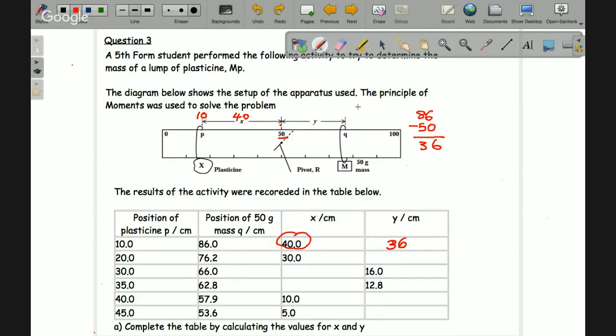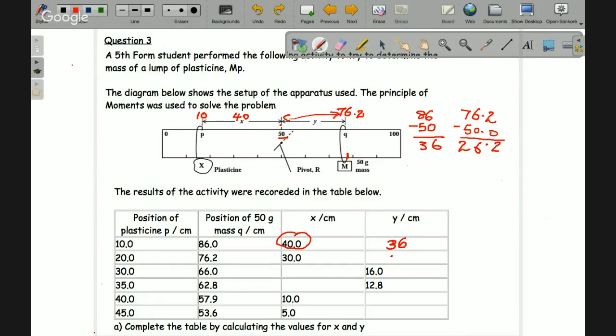If this position is now 76.2 centimeters on the ruler, and this position on the ruler is 50, the distance between these 2 points is the subtraction, 76.2 minus 50.0, that is 26.2.